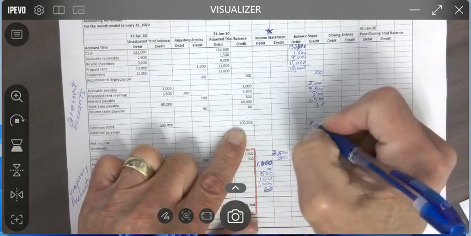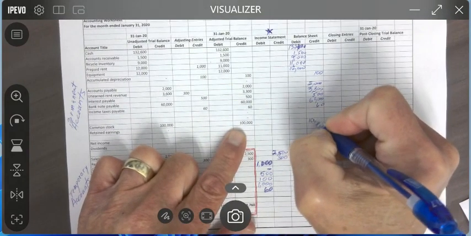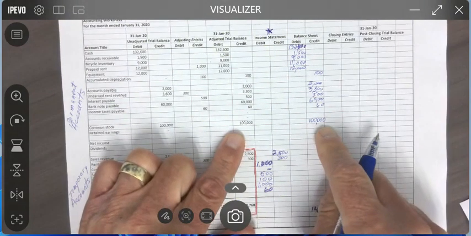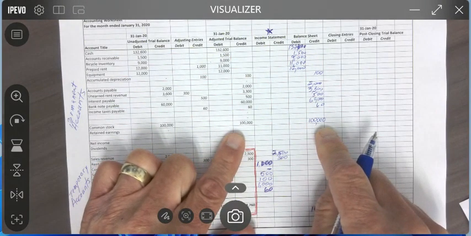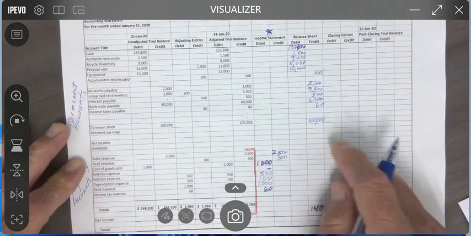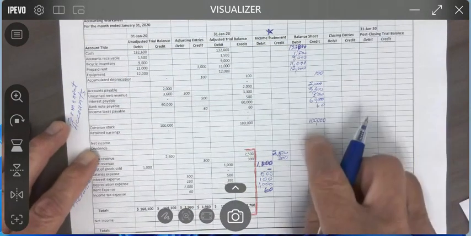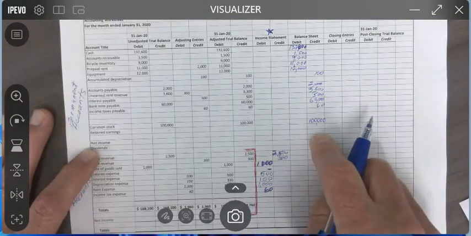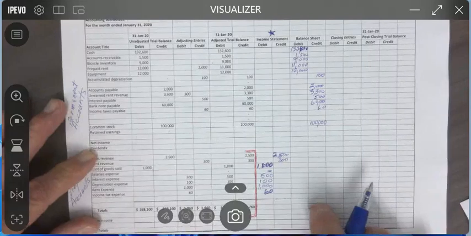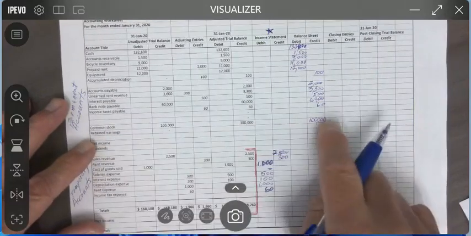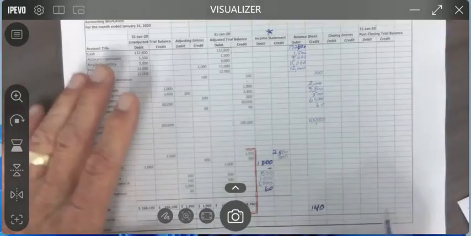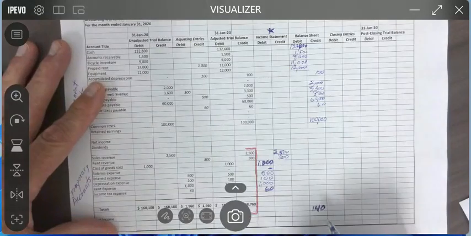On the equity side, the common stock account will have a balance of $100,000 contributed capital by the owners. And then net income is going to be $140 when we close the net income to retained earnings. Okay, and so that's our balance sheet and income columns.